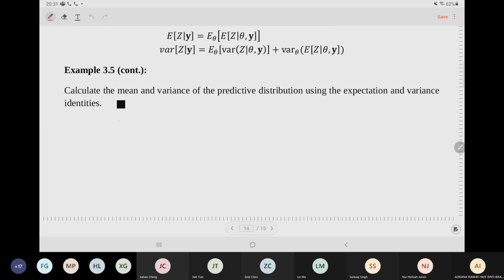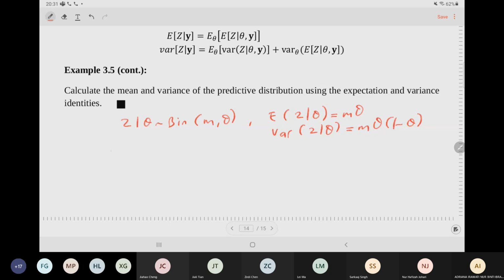Okay, so if you have your Z is binomial(m, theta). Okay, then the expectation. So this means you only need to know the mean and variance. Okay, simpler, but still need a bit of algebra also.